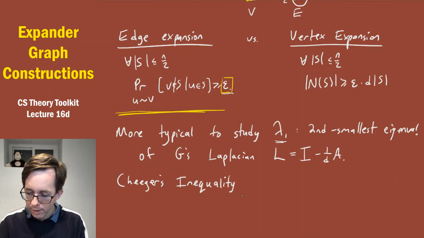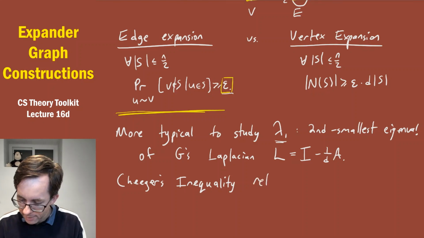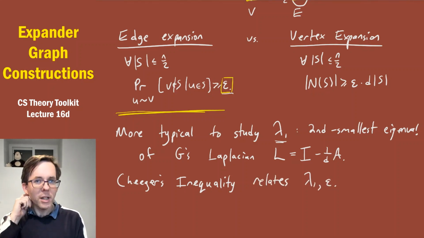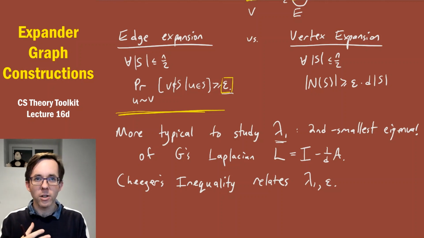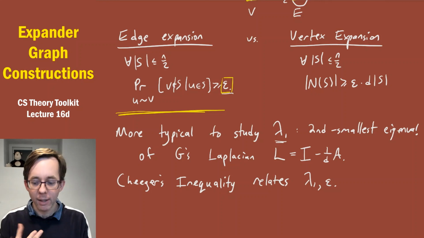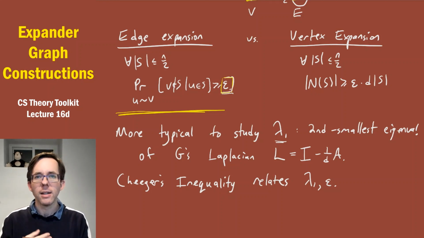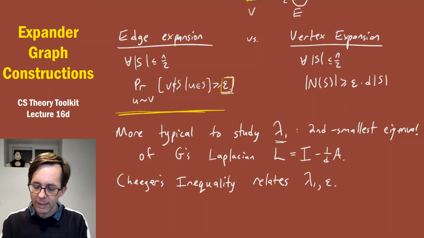So in particular, it's even harder in some sense to construct a graph whose lambda 1 is big than it is to construct a graph whose edge expansion parameter epsilon is big. This is the easy direction of Cheeger's inequality.